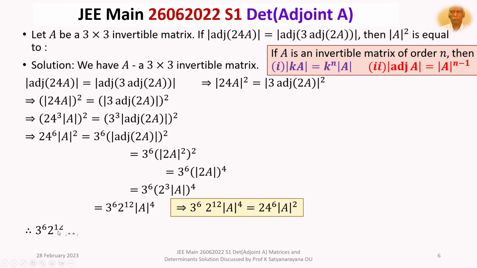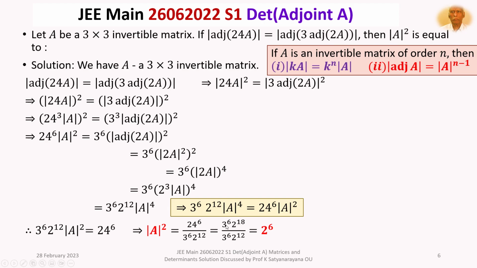You will get 3 power 6, 2 to the power of 12, determinant of A square is equal to 24 to the power of 6. 24 to the power of 6 is, 24 is 3 into 2 cube. 3 into 2 cube whole to the power of 6 is 3 power 6 into 2 to the power of 3 whole to the power of 6, that is 2 power 18. So determinant of A square is equal to 24 to the power of 6 by 3 power 6 into 2 to the power of 12 in the denominator.